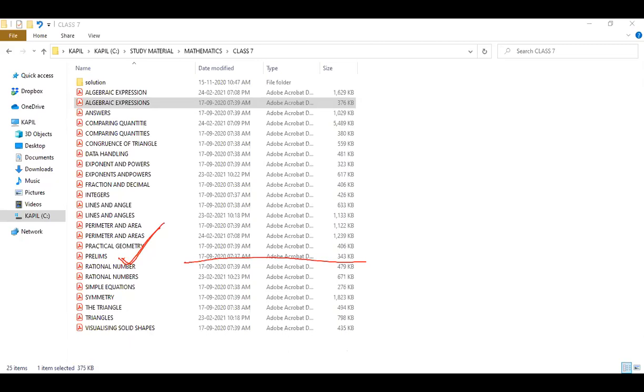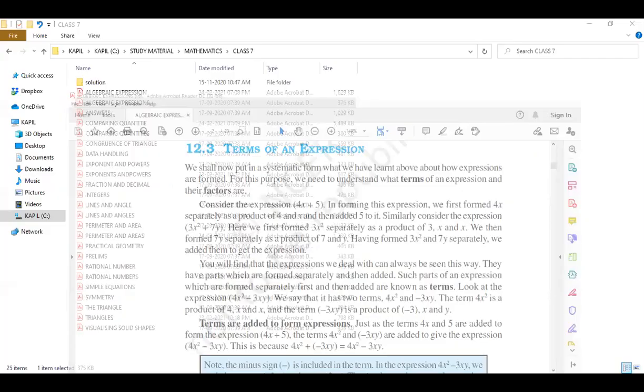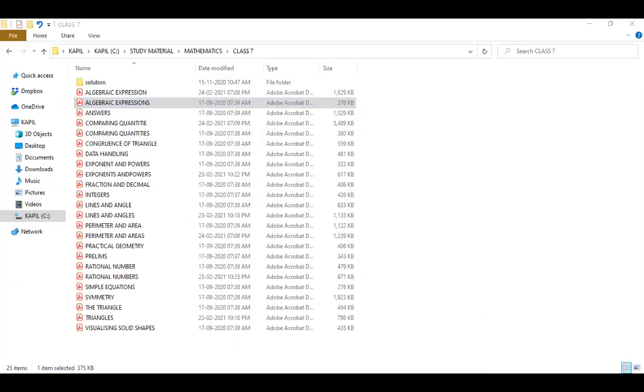Is this visible to you? No, sir. Only chapter names are visible.